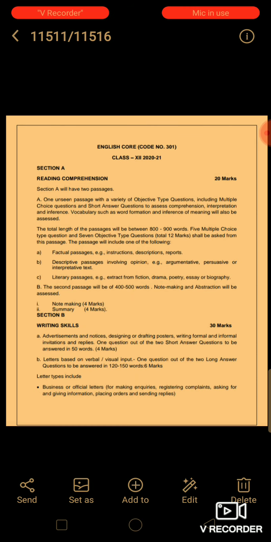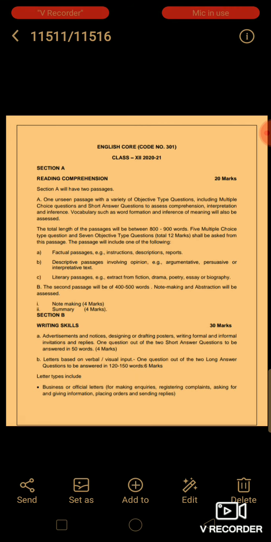In the first passage, that will be of 12 marks, you will be asked 5 multiple choice type questions and 7 objective type questions, and it will carry 12 marks. This passage will include one of the following. Means these three types have been given, and any one type may be asked to you in question number 1.